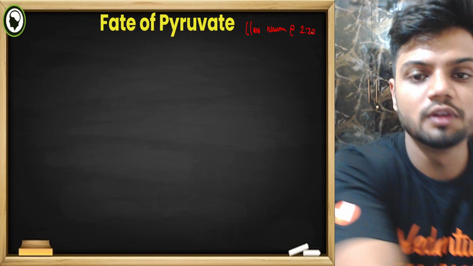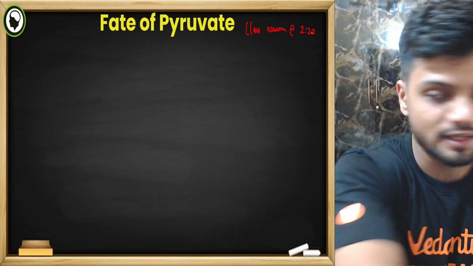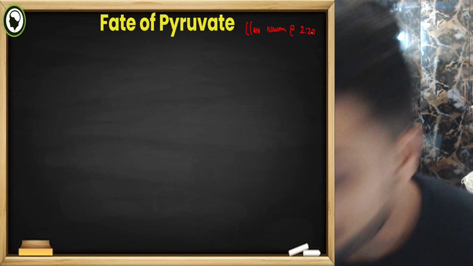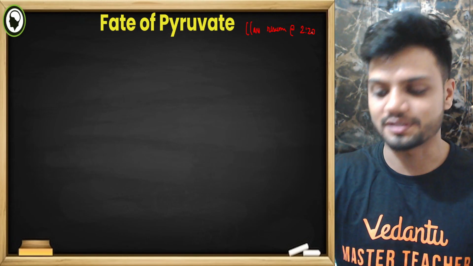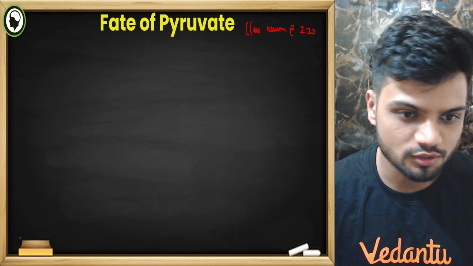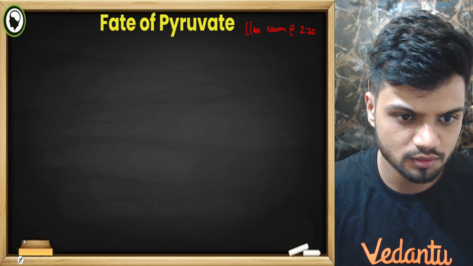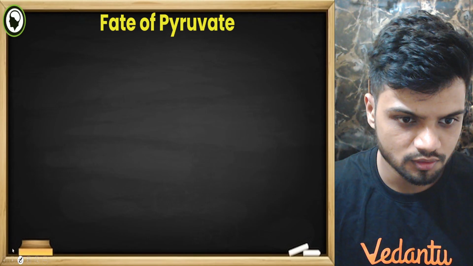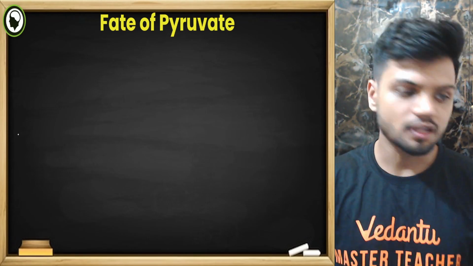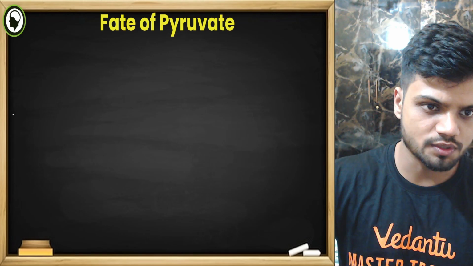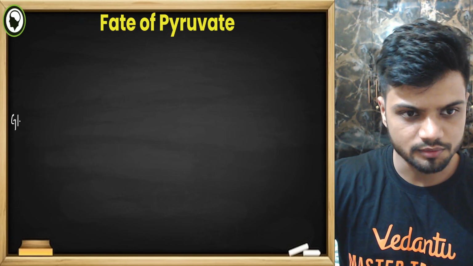Now, students, we will learn the fate of pyruvate. For example, what exactly happens to pyruvate after glycolysis? Let's just write it down first. Right here we have the glucose.